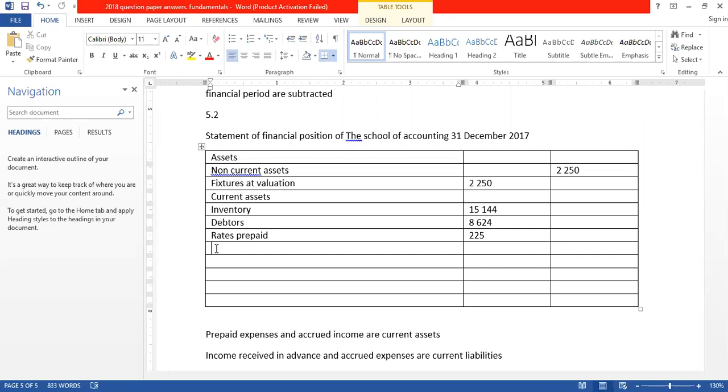When we bring down our balance, it goes on the opposite side, which is the credit side, and a balance brought down on the credit side becomes our bank overdraft. It becomes our liability. So in this case, the bank is part of the liabilities. So we check again. What other current assets do we have here?